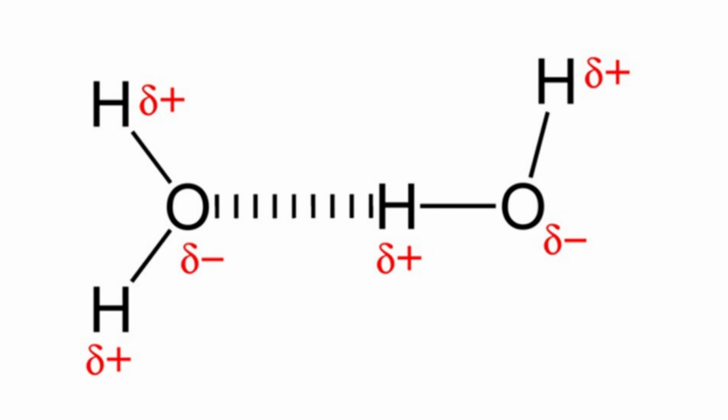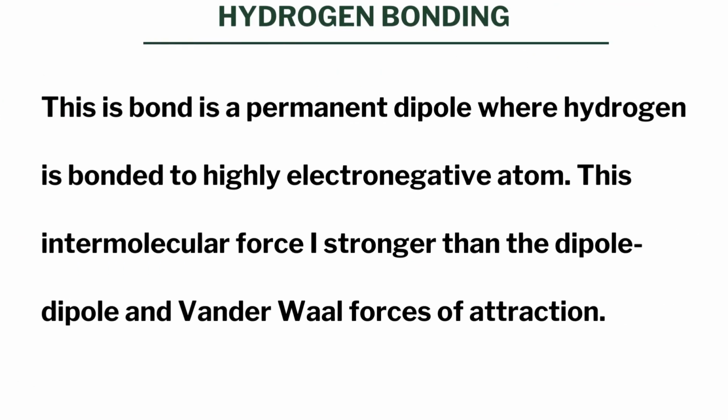So let's go to hydrogen bonding. This is a permanent dipole where hydrogen is bonded to a highly electronegative atom. They are mainly F, N, and O: fluorine, nitrogen, and oxygen. Anywhere you see hydrogen bonded to fluorine, nitrogen, or oxygen, that is hydrogen bonding.